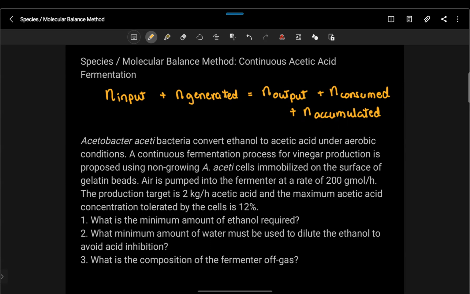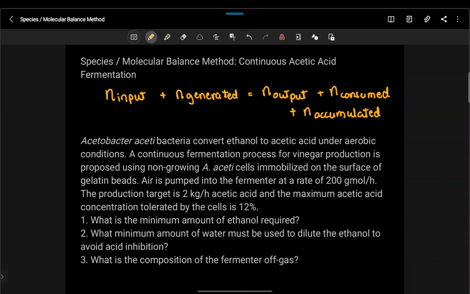Okay? And importante na maintindihan natin na kapag ang isang process ay nasa steady state, ang ibig sabihin nun, hindi nagbabago yung properties ng system, okay, from beginning to end. In that case, ang consequence niya is there will be no accumulation whatsoever of any species within the process.